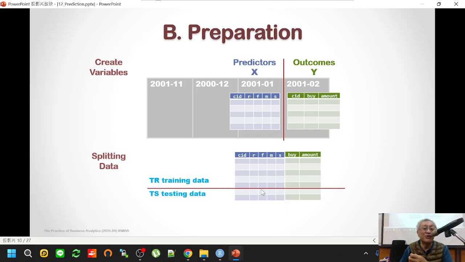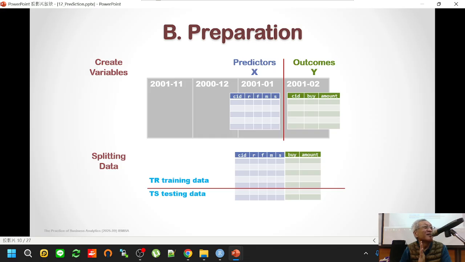And for every customer, we actually know their behavior in the first 3 months. And then we use these variables to predict whether this customer will buy, okay? The buying probability and the buying amount of each of these customers, right? That is the basic idea we are going to go through this week, okay?